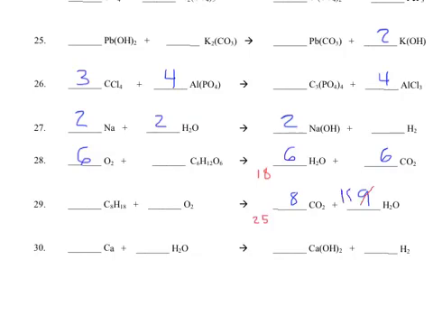That's going to give me 18. Well, now I have 18 times 2, that's 36 hydrogens. So what times 18 gives me 36? Well, 2 does. But as soon as I do that, I have 2 times 8, that's 16 carbons. Over here I have 8, so I'm going to get rid of the 8, and I'm going to replace it with 16. Now I'm going to add up all my oxygens.